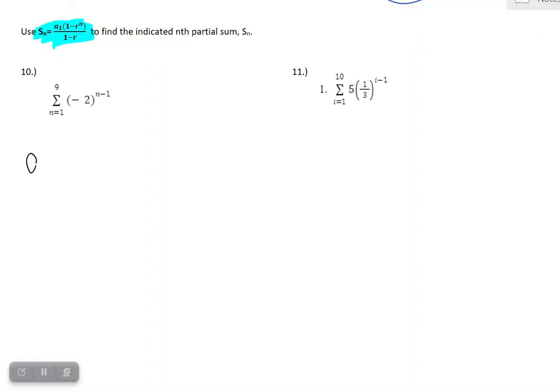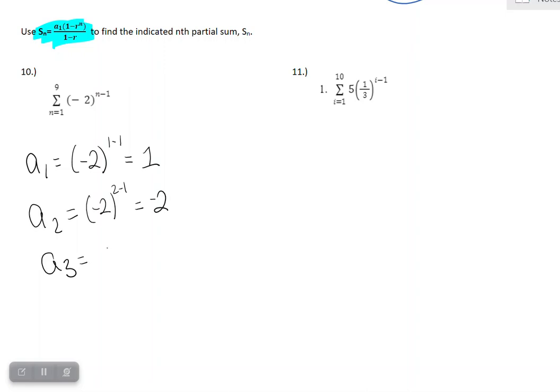I'm going to look at what a sub 1 is, and that's by plugging in 1. So -2 to the 1 minus 1, that's going to give us 1. When I plug in 2, I'm going to get -2 to the 2 minus 1, that's going to give us -2. A sub 3 will be -2 to the, again, 3 minus 1.